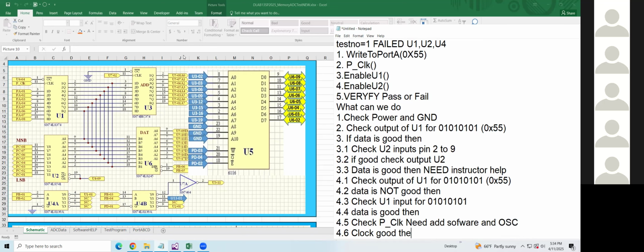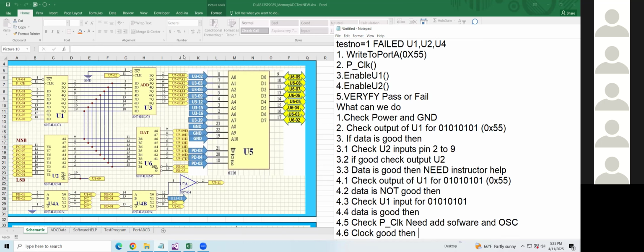Then what do you do? If the output is still not good, replace IC. Something wrong with the IC. No, not yet. You understand it is a 374. That's a D flip-flop.